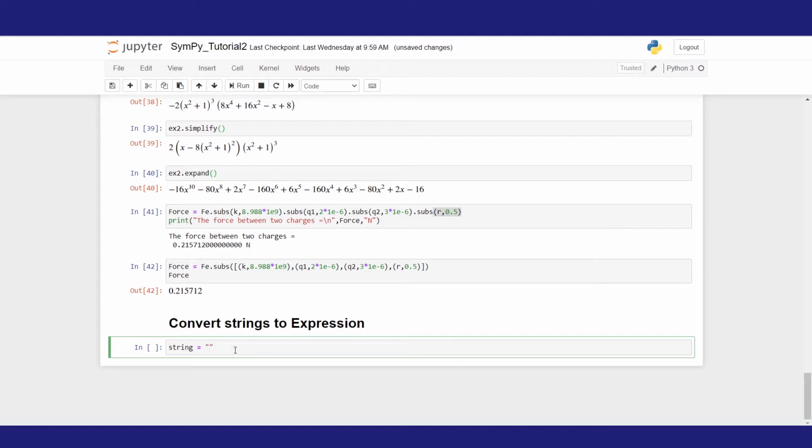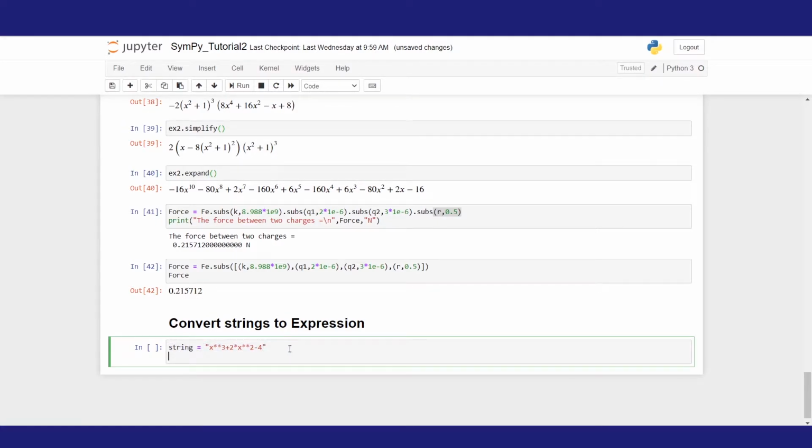Let's say we have x cubed, then plus 2 times x squared, and then finally minus 4. Just like this means that this is a string.